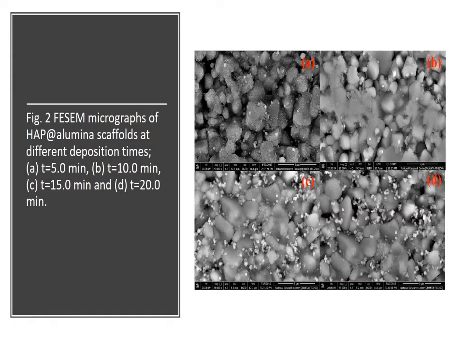The figure here shows field emission scanning electron microscope micrographs of hydroxyapatite on alumina scaffold at different deposition times. The first figure at the top left corner shows the composition at 5 minutes, and it clearly shows that the grains of alumina were formed as a potato-like shape with dimensions around 1.3 up to 3 micrometers.